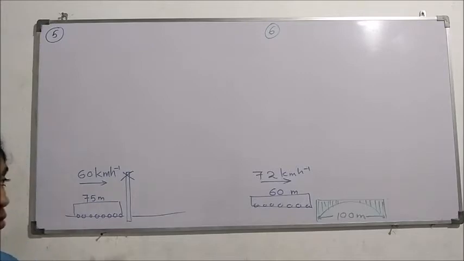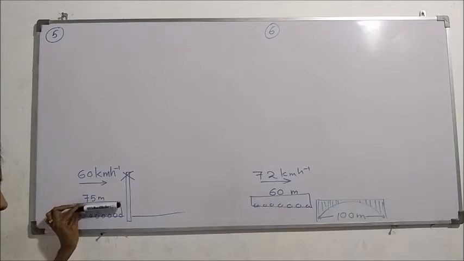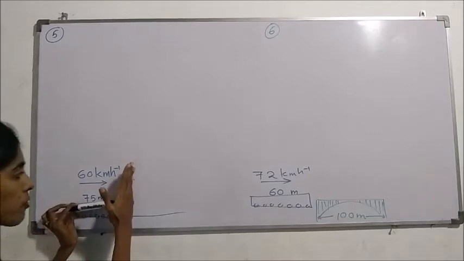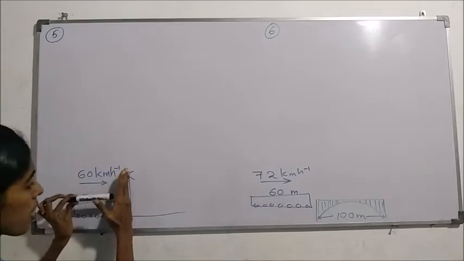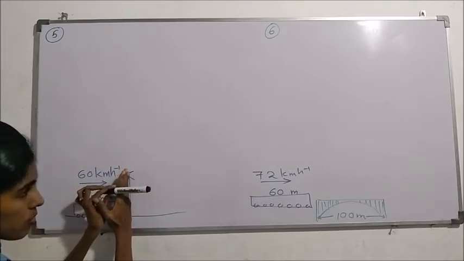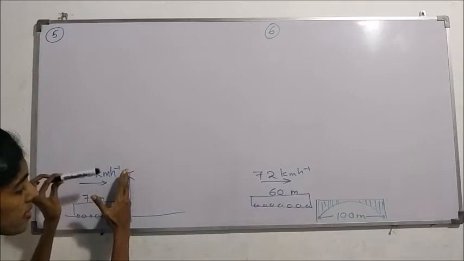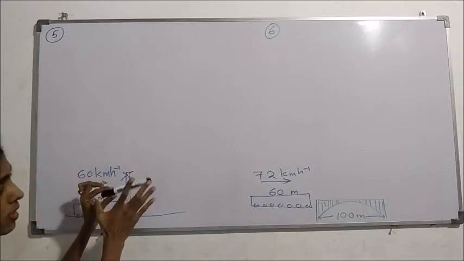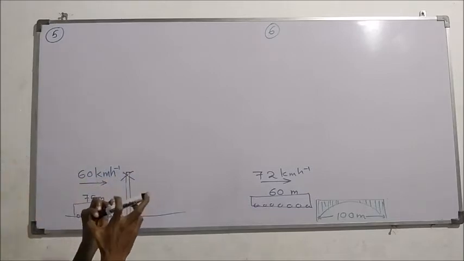So at that time you should convert the speed into meters per second. Then only you can go to the formula. And remember that main point here, this train is not a single point. Okay, so when the train passes this post, what should we take as the distance? The length of the train should be taken.